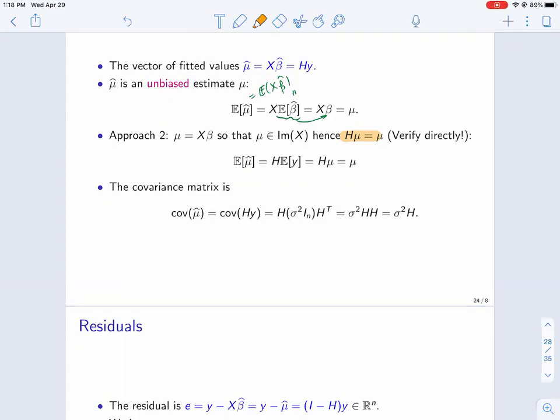It's because we're projecting mu onto the image of X. Great, yes. And we have that H is both symmetric and idempotent. So H mu is the projection of mu onto the image of X, and we're claiming that projection is equal to mu.